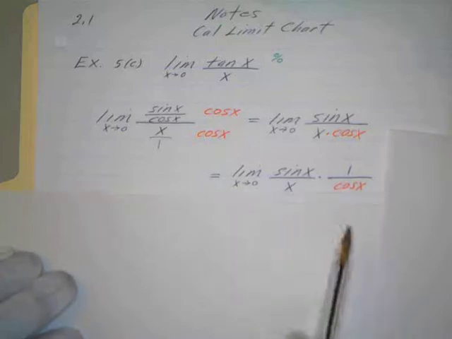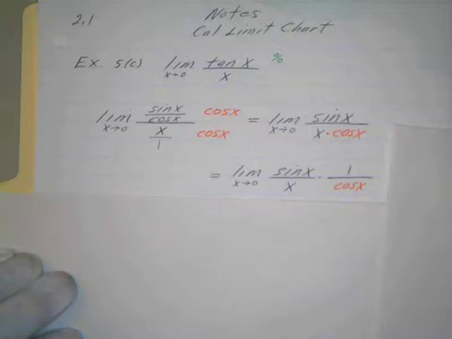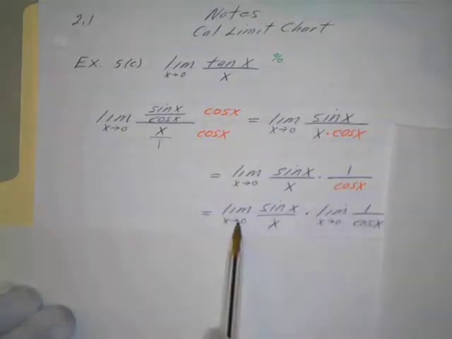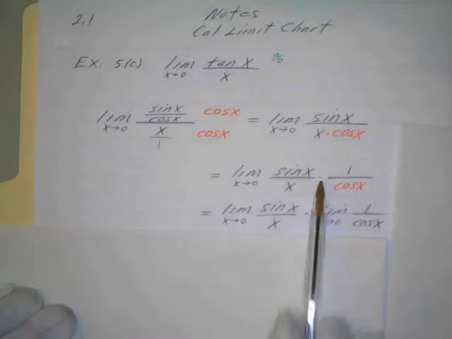Now I'm going to use my product rule. The limit of a product is the product of the limits. So I can break this up into two limits, and I can write this as the limit as x approaches 0 of sine of x over x times the limit as x approaches 0 of 1 over the cosine of x. So that's that product rule. The limit of a product is the product of the limits.